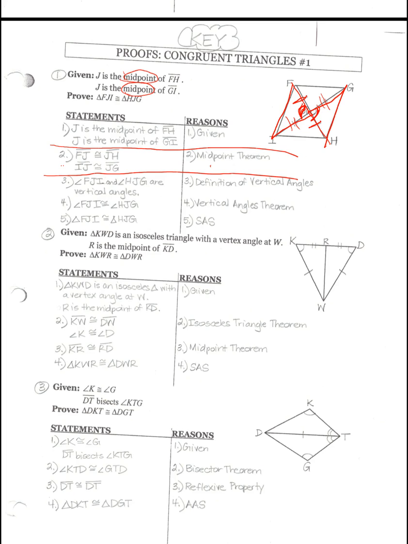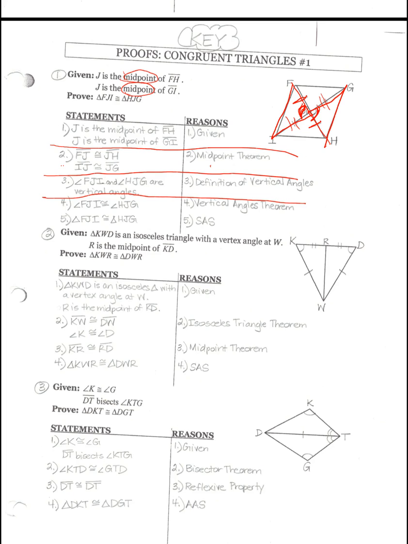So the first thing you need to do is you need to name them as vertical angles. So look at what I did on statement 3. I said angle FJI and angle HJG are vertical angles. And the reason is that's the definition of vertical angles, that they are across from each other from intersecting lines.